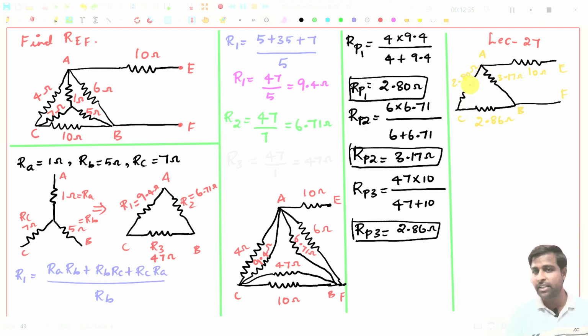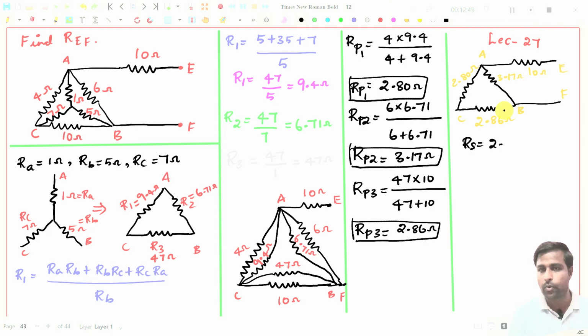See, one end is connected, but the other two ends are connected to different points. So these two are connected in series. If you add this, RS will be equal to 2.80 plus 2.86, right? So RS becomes 4.86 ohms.